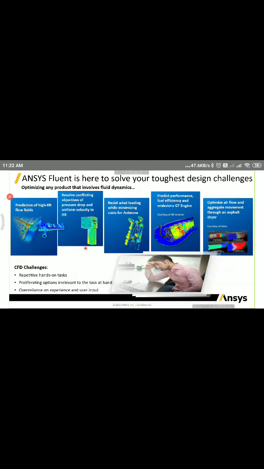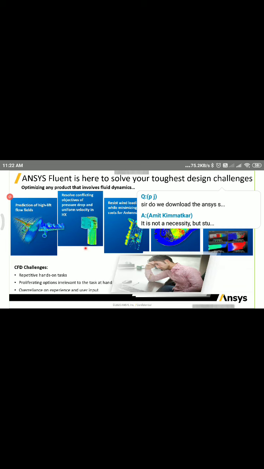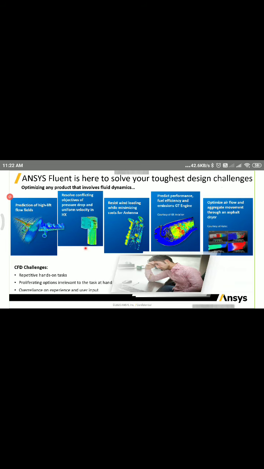Whether it is external aerodynamics, where you want to find out the lift and drag, whether it is resolving a complex pressure drop across a heat exchanger, whether it is a chemical industry where you want to see the mixing, whether it is a gas turbine engine, or whether you want to do EMI, like an electromagnetic antenna where you want to see the wind loading, or any other physics, reactions or combustion. You can have Fluent as a solver, and at the same time you can use Fluent meshing to generate your mesh and prepare your geometry.